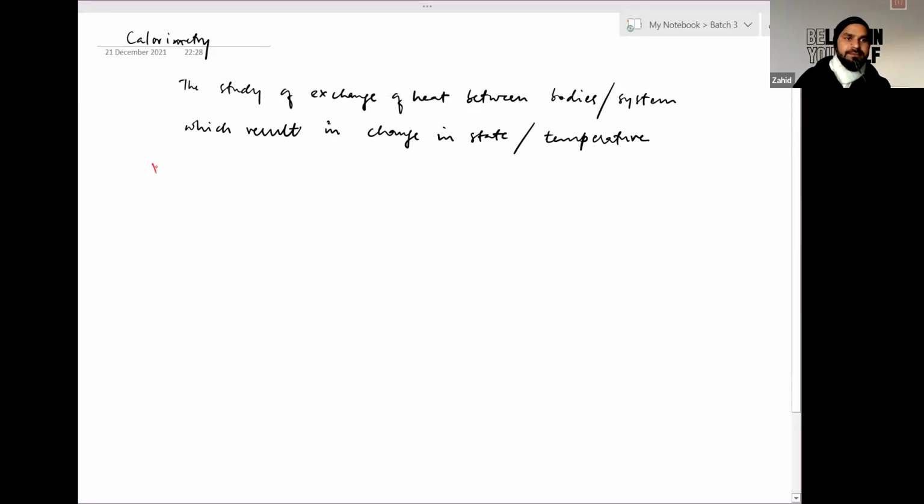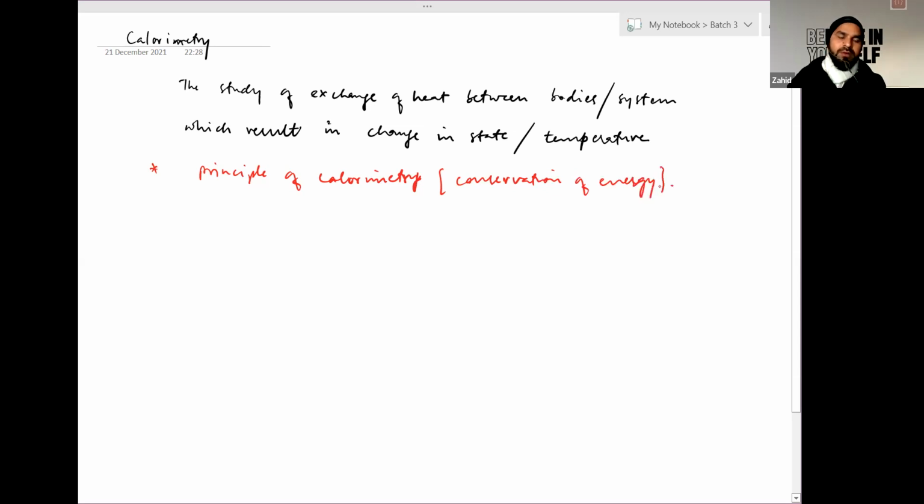So you may define the principle of calorimetry, which is based on conservation of energy.